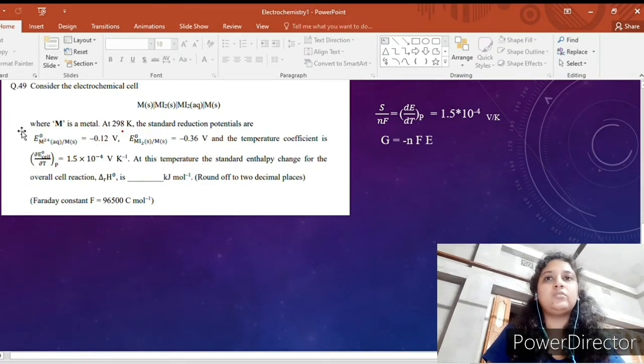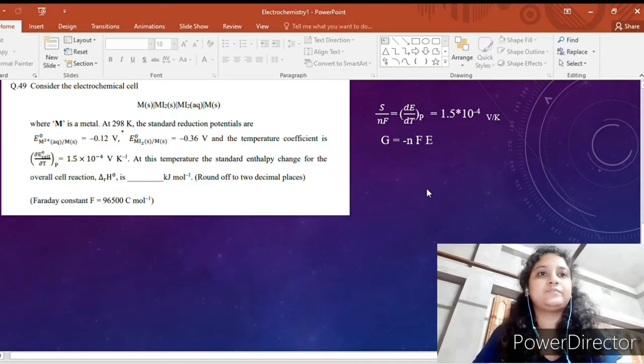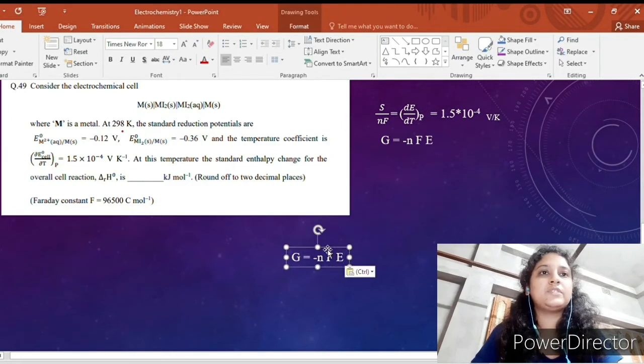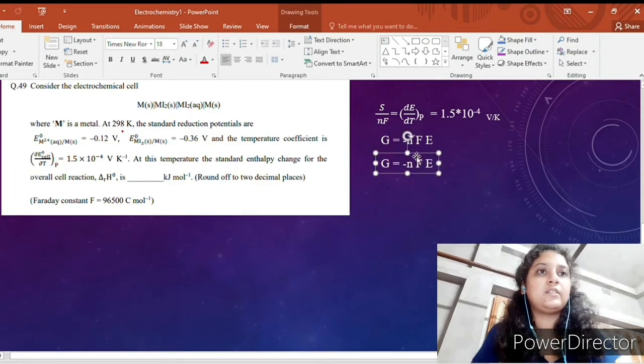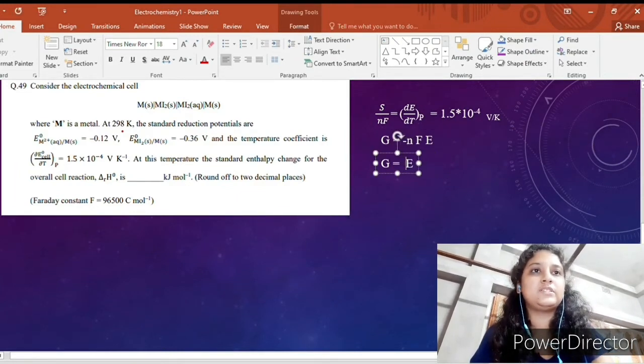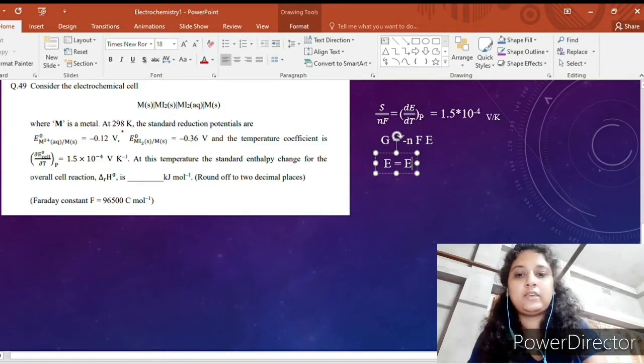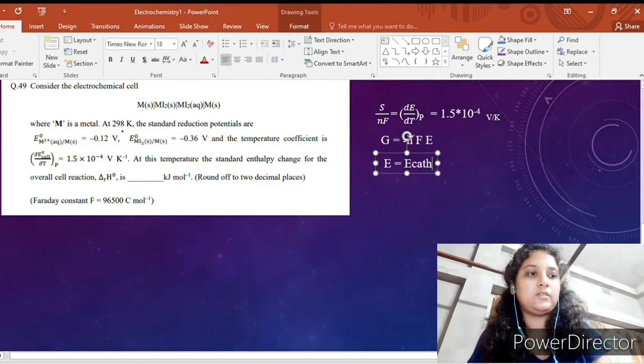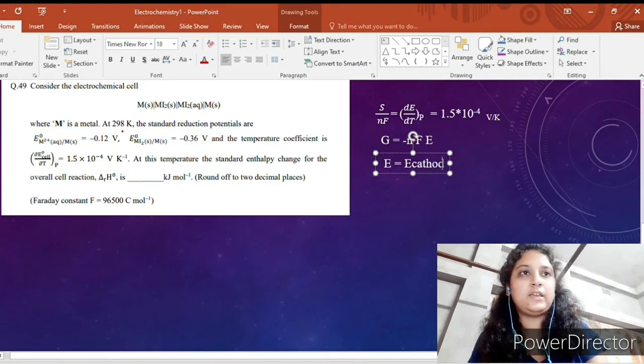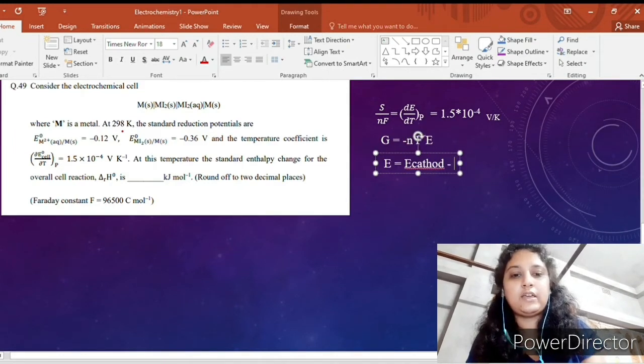Now the value of E0 of both half cells is given here, and we all know the equation for the full cell potential: E full cell is equal to E of cathode minus E of anode.